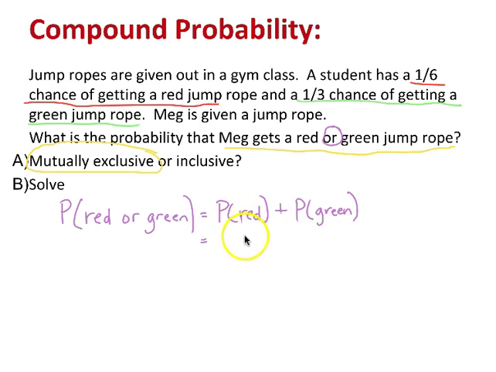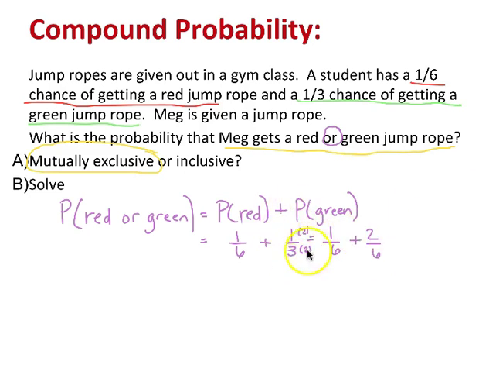So the probability of red, 1/6. The probability of a green, 1/3. Again, in order to add these together, we have to have a common denominator. So I'm going to make 6 my common denominator and multiply both our numerator and our denominator by 2 to get 2/6, so that we have a common denominator.